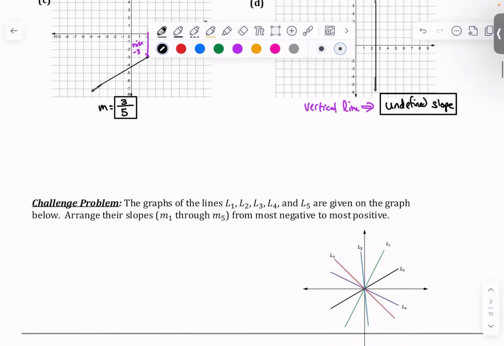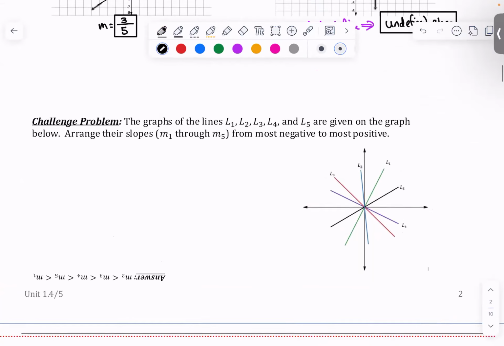So, as a fun little challenge problem that I highly encourage you to do, try this one. There are 5 lines listed here, L1 through L5, and you want to arrange them in terms of their slopes from most negative to most positive. It's a pretty fun problem.